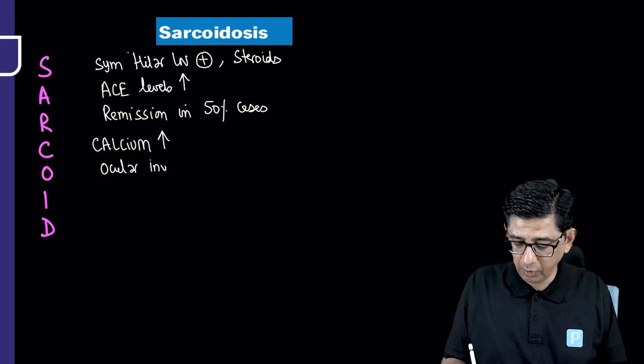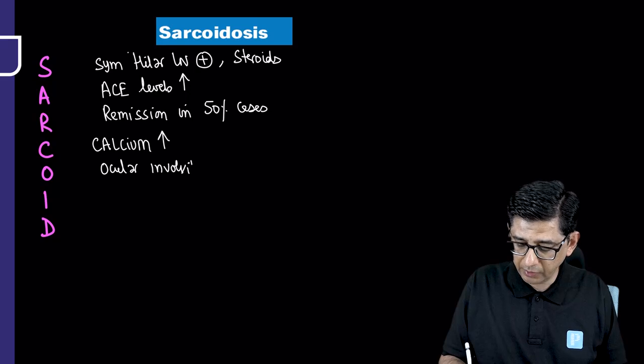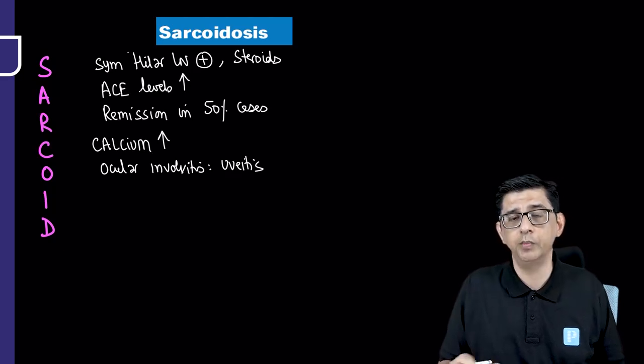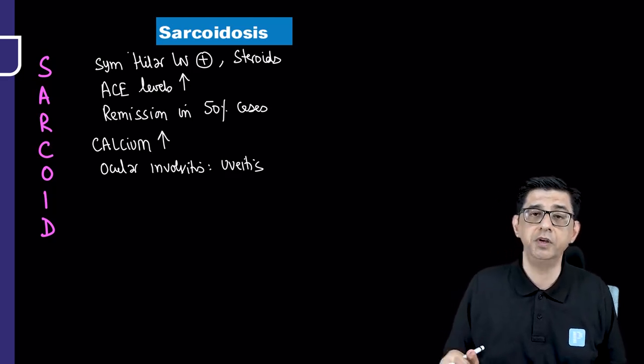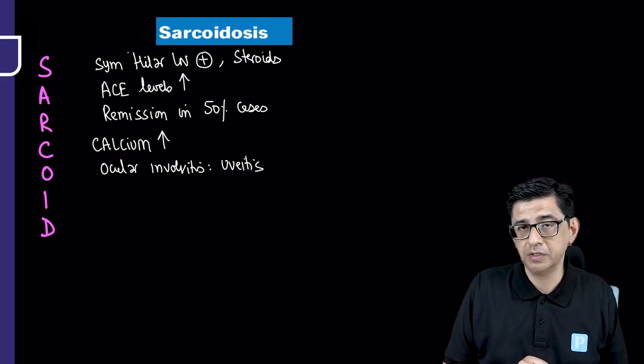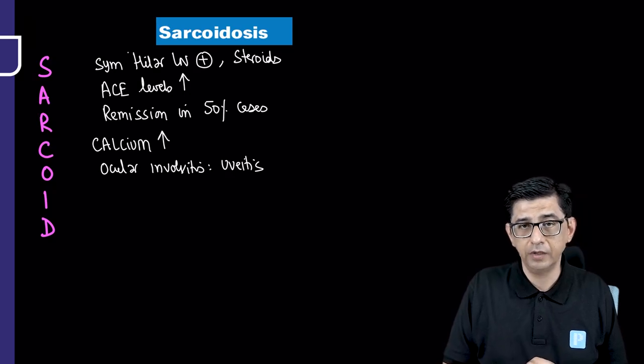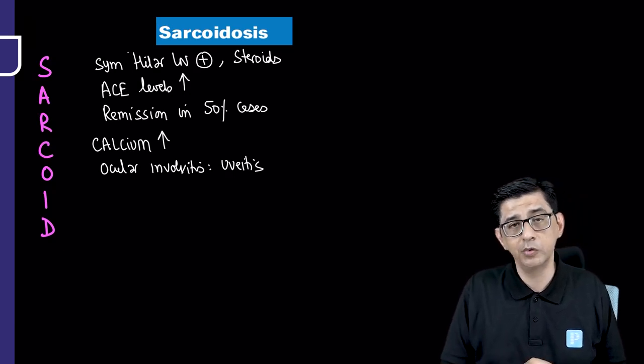Alphabet O would be standing for the ocular involvement. There are two of them. One ocular involvement that we usually see in these patients is going to be in the form of uveitis, and in fact this iridocyclitis or the uveitis component will again help in diagnosis of this condition, especially when we are in doubt, especially if a patient is having hilar lymphadenopathy. Now that can be due to lymphomas also, and the hilar lymphadenopathy could be seen with sarcoidosis also.